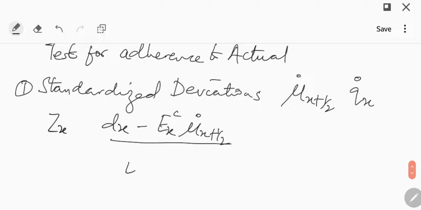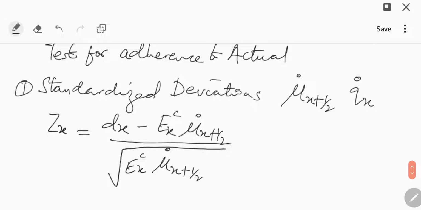We know that the variance equals the central exposure to risk if it's following a Poisson distribution. The mean and the variance are the same, which is the central exposure to risk multiplied by the force of mortality at age x plus half. So as part of the z computation, we say x minus mu by sigma.